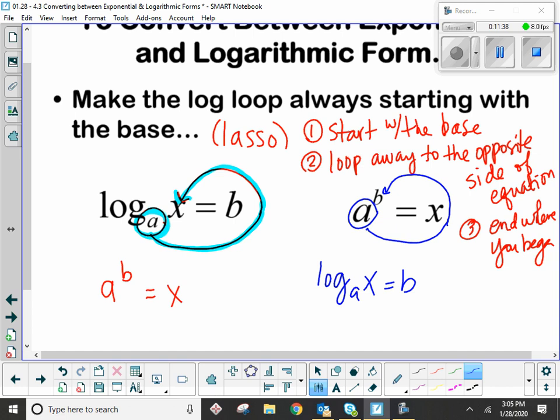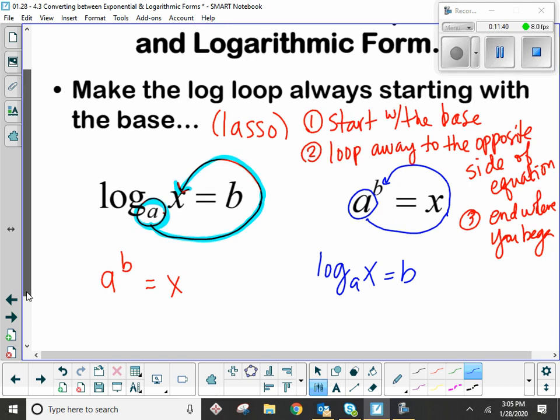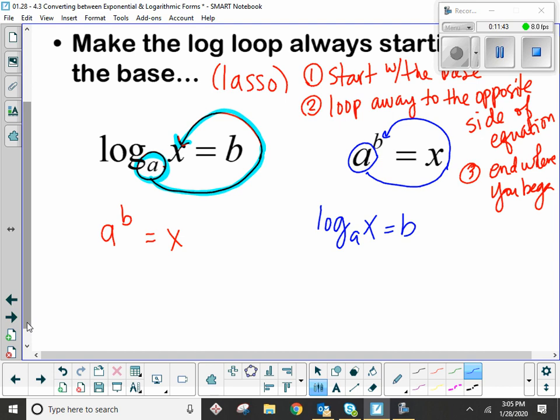One thing I want you to be sure of on the log form: whatever your base is, it's a subscript. It does not get written on the same level as the letters L-O-G. Subscript means it's slightly below.